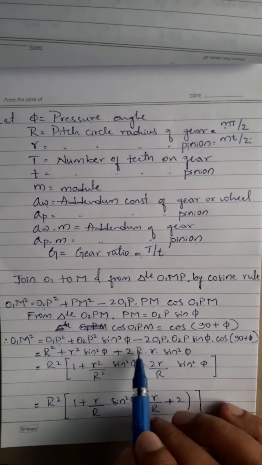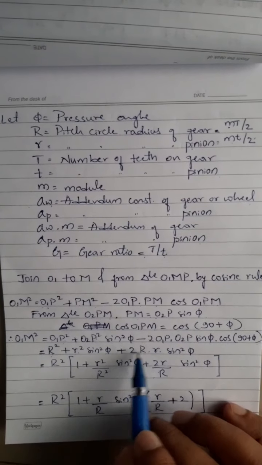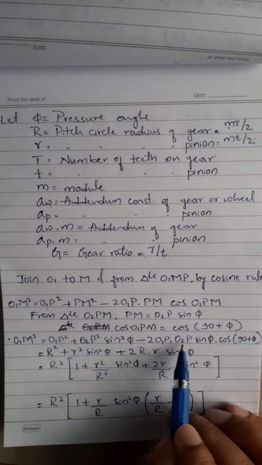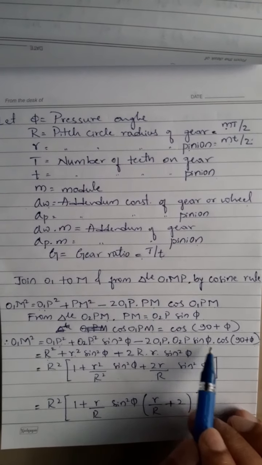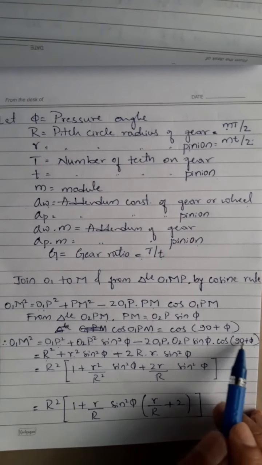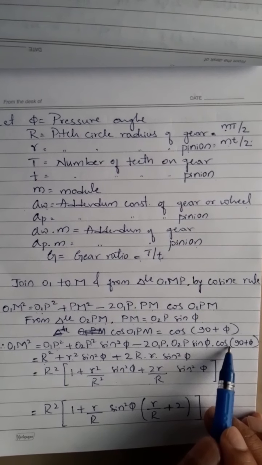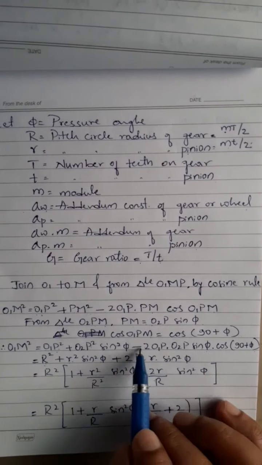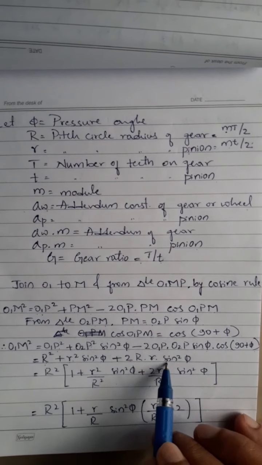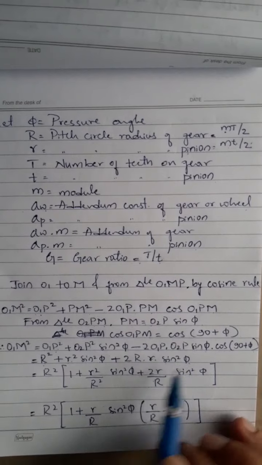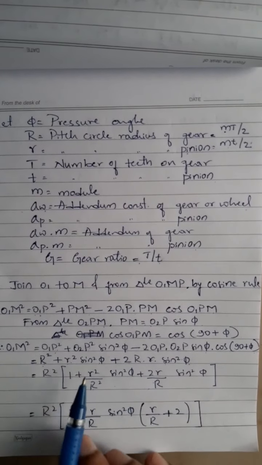Minus 2, O1P is capital R, O2P is small r, into sin phi, and here cos 90 plus phi is minus sin phi. So minus minus will become plus, and sin phi into sin phi will become sin square phi. So here we have this equation.